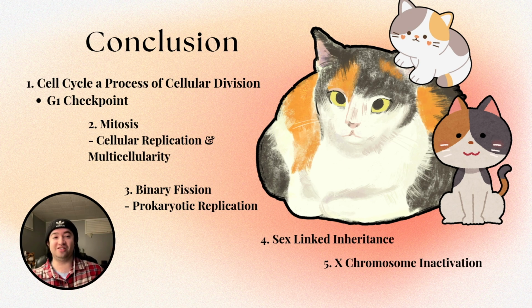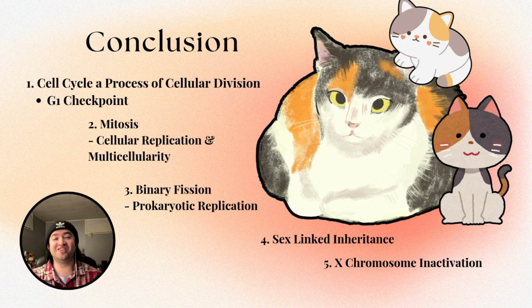Also, remember that genetic traits can be inherited via sex chromosomes, resulting in offspring that carry traits from the mother or the father, depending on which traits are present on which sex chromosomes. Basically, some traits are found on the X chromosome and some are found on the Y chromosome.